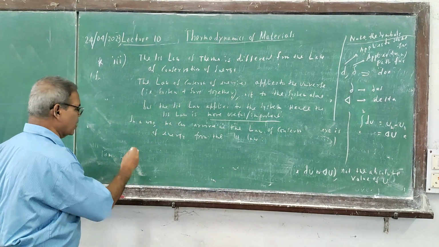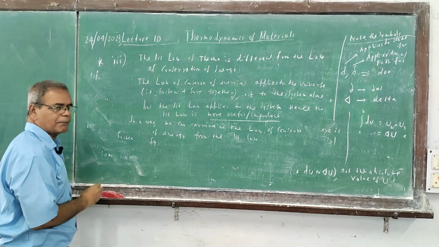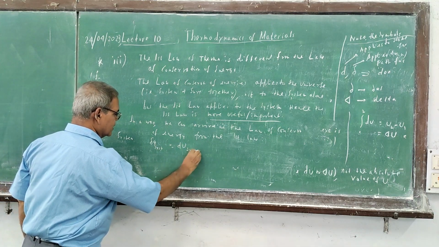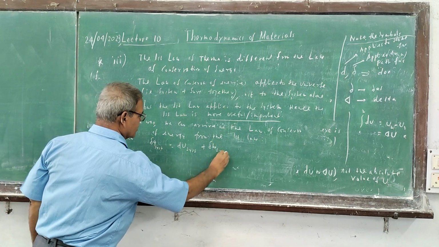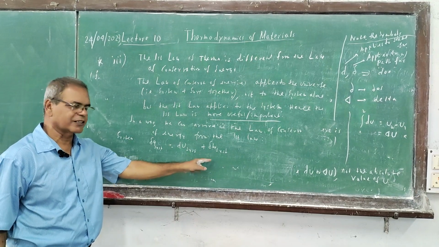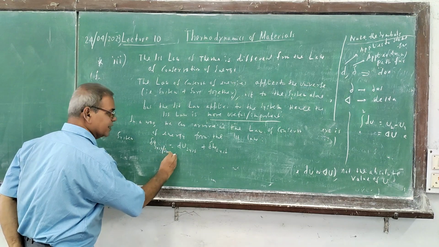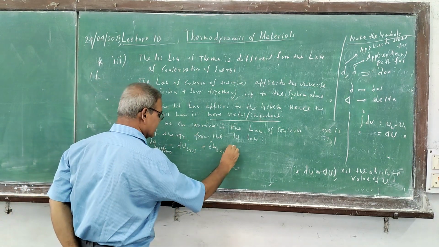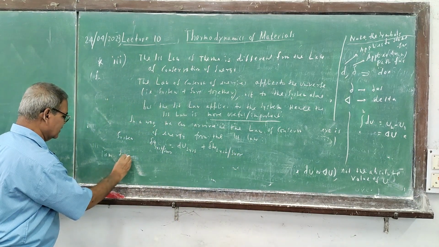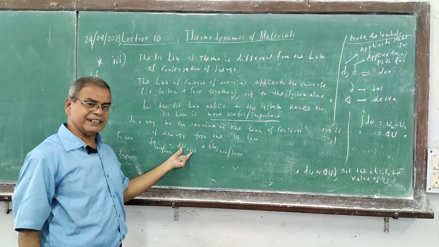It is very simple. First, I write the first law applied to the system: dq system = du system + dw system. Here dq system is the heat interaction between system and surroundings, and du system is the internal energy change of the system.